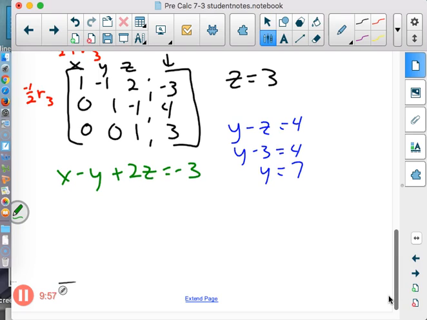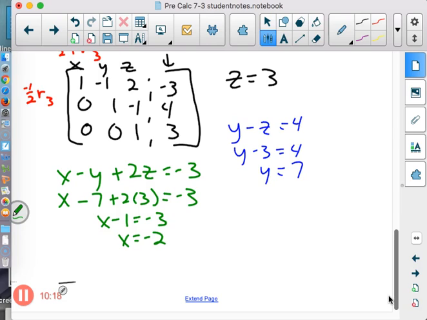And you realize we have y and z. So we'll just get those in there, and we'll be able to find x. So we'll have x minus 7 plus 6, which is x minus 1 equals negative 3. We'll add 1, and x is negative 2. And then to round it all out, we're going to write our ordered triple. Negative 2, 7, 3.